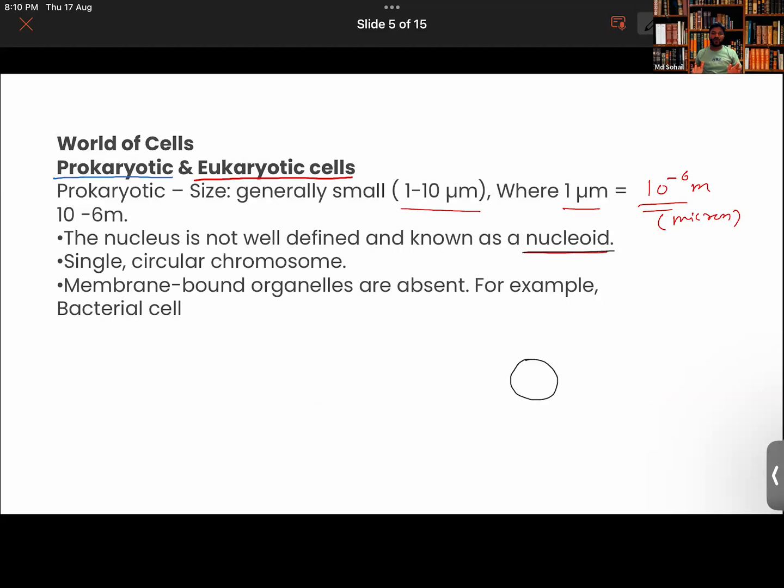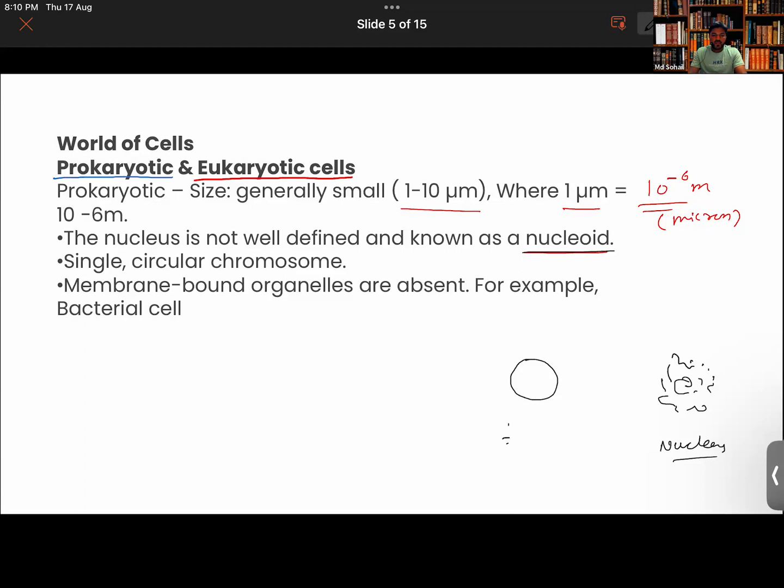It will have a boundary and a clear cut demarcated shape. It can be demarcated easily. While in the prokaryotic cell, it will look somewhat like this. Yes, Arhan, are you there? Yes, sir, I actually got it, sir.